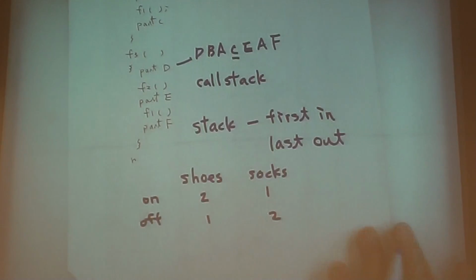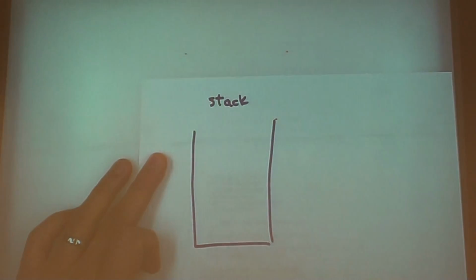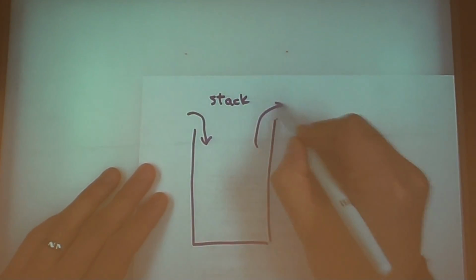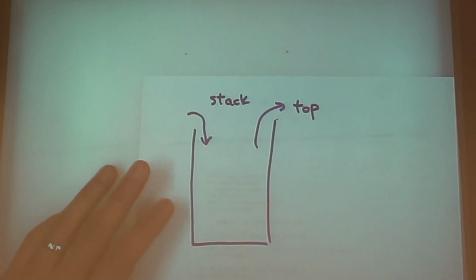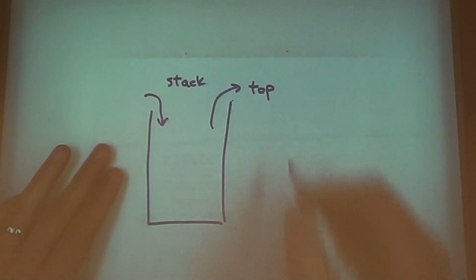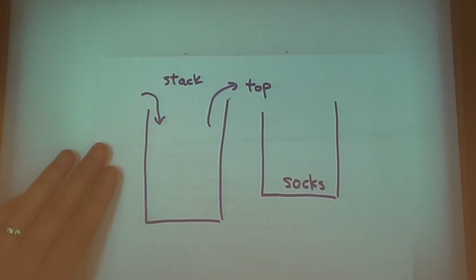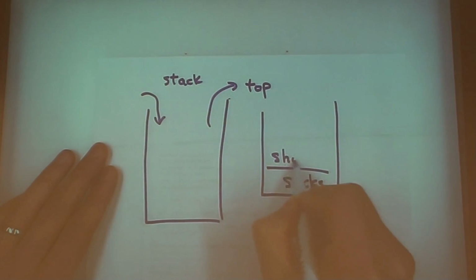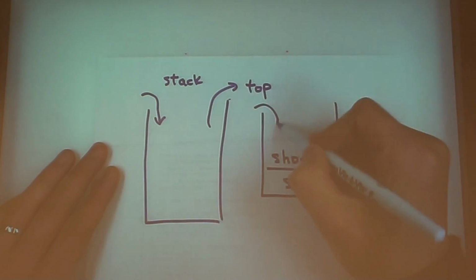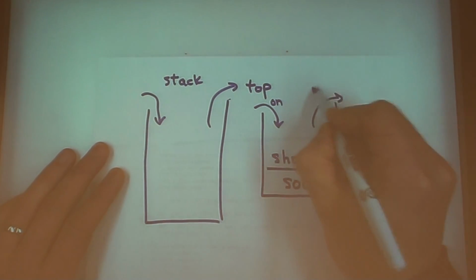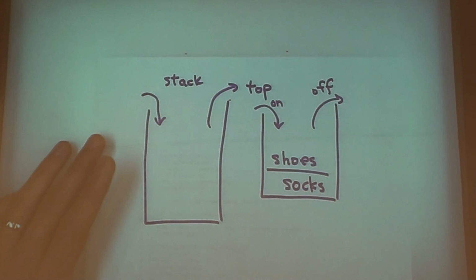How do we think about stack? Conventionally, stack is drawn the following way. We put this here, we remove this on the top. So think about your shoes and the socks. You put on socks, then you put on shoes. That's how you put in or take out. When you remove, you remove shoes before you remove socks.